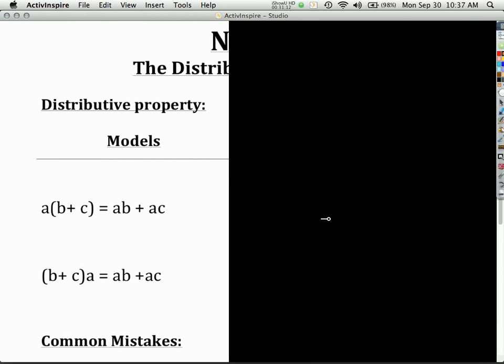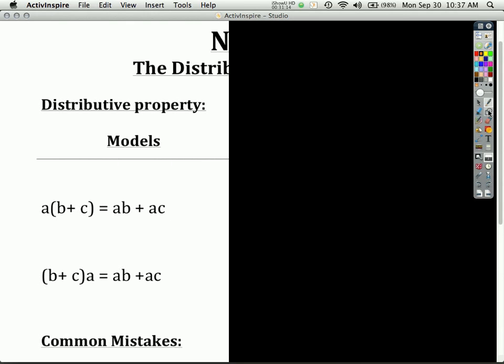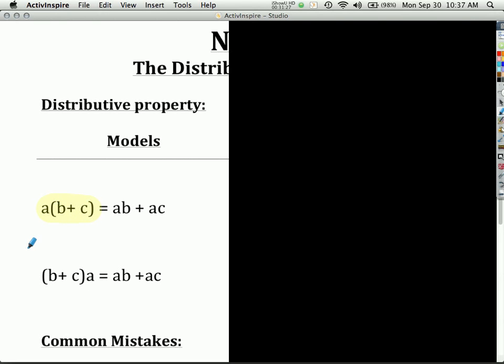First of all, what does the distributive property look like? It looks very particular. It will always have grouping symbols. So you will always see parentheses. Now, does that mean that every time you see parentheses, it's distributive property? No. But every time you see distributive property, there will either be parentheses or brackets.